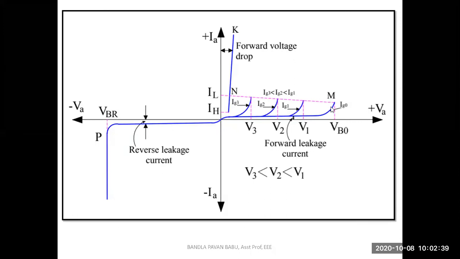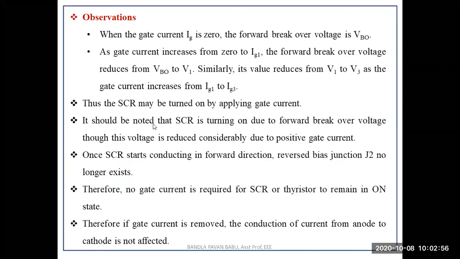If it is Ig1, the voltage across the switch will be V1. If I go to Ig2, the voltage will be V2. So the voltage gets reduced with increasing gate current. That is the relation there.